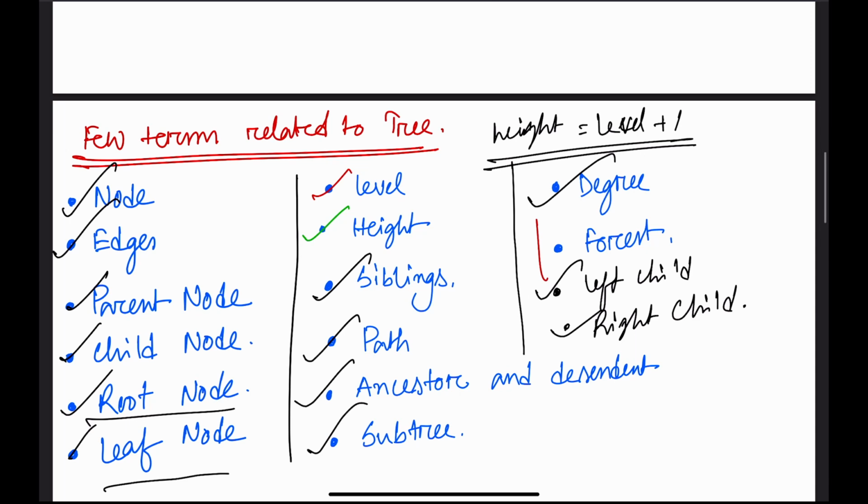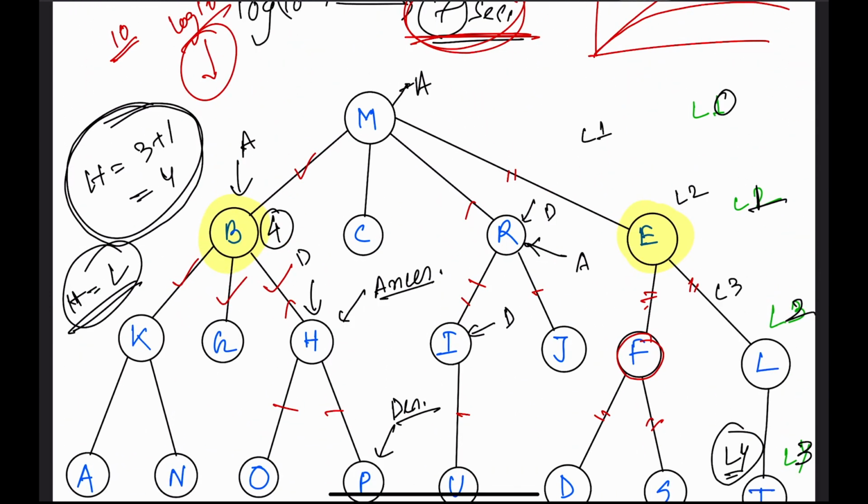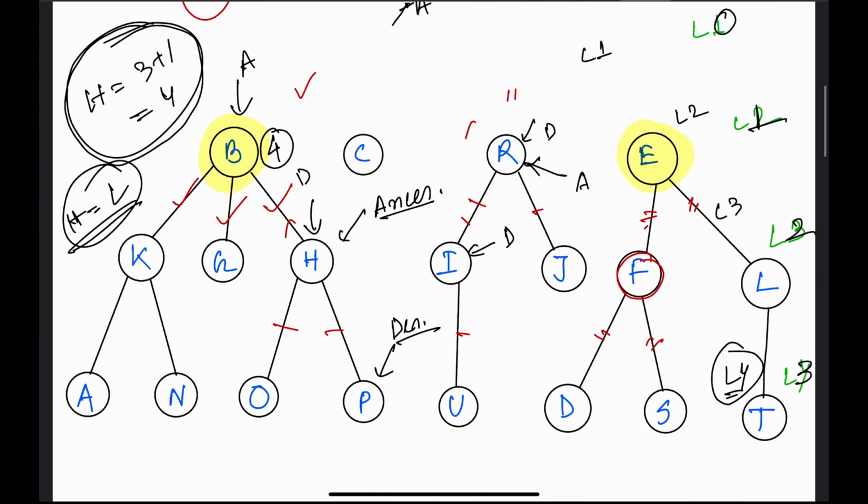Now, forest. A forest is a set of disjoint trees where n is greater than 0. If the root of the tree is removed, we get a lot of forests containing its subtrees. For example, if we remove it, now you can see a lot of subtrees.